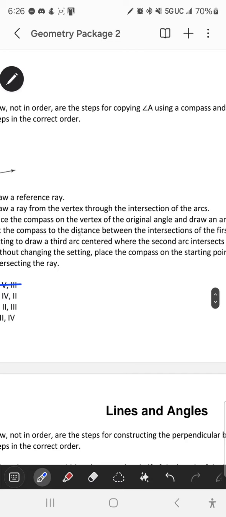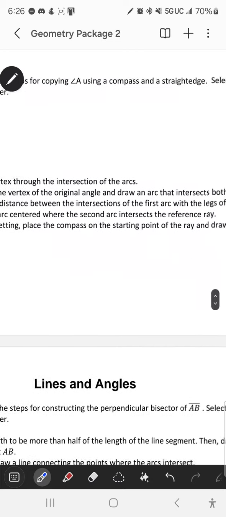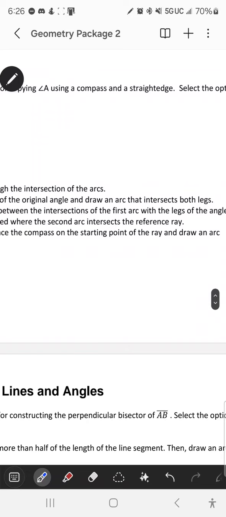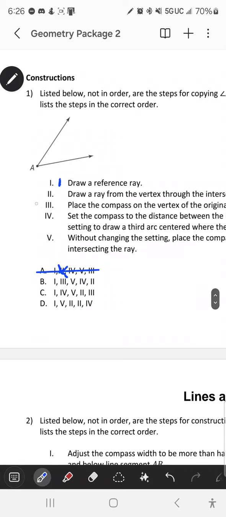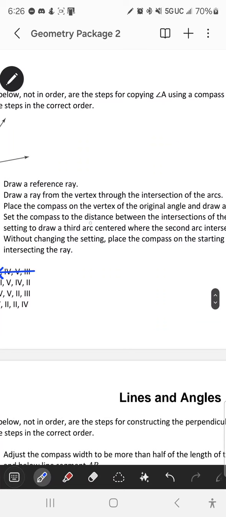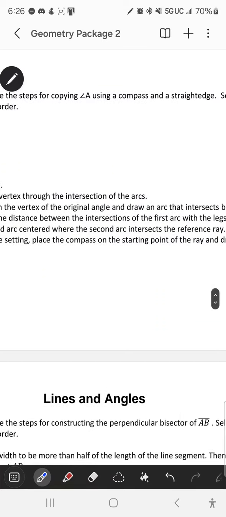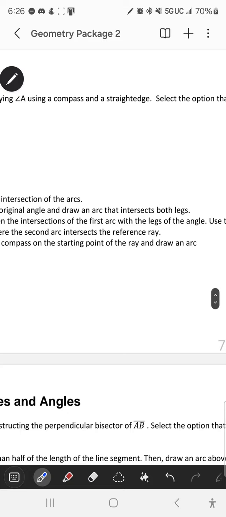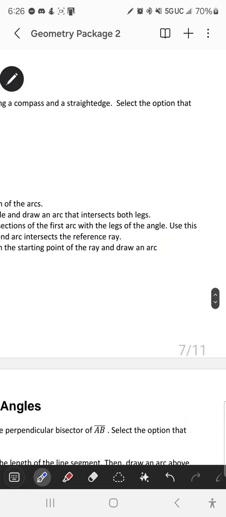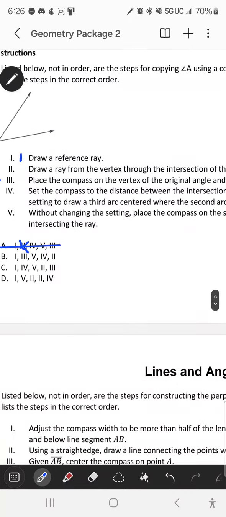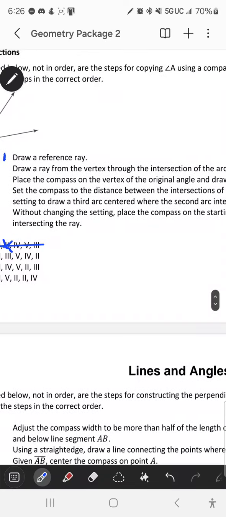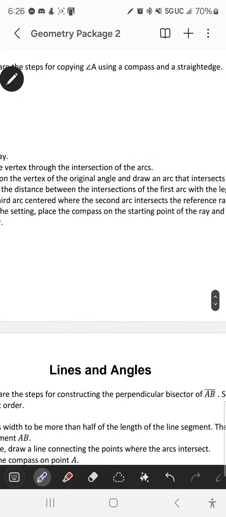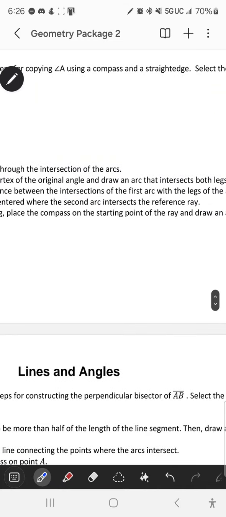Now, place the compass on the vertex of the original angle and draw an arc that intersects both legs. Okay, I kind of like this answer. Let's continue. Set the compass to the distance between the intersection of the first arc with the legs of the angle. Use this setting to draw a third arc centered where the compass arc intersects the reference ray.